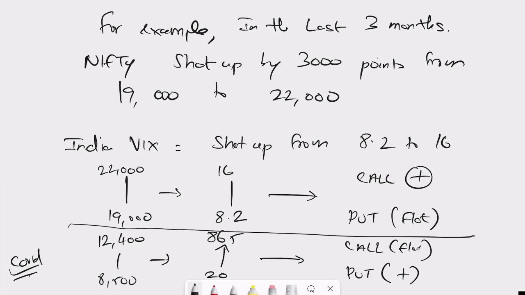Okay, this is how the India VIX dynamics works, and India VIX is a very important factor because it has a direct correlation to the option premium prices, and therefore it is very important for us to take India VIX into consideration while taking the option strategies as well as while maintaining the option strategies, which we will see in detail in the series 3 and series 4.